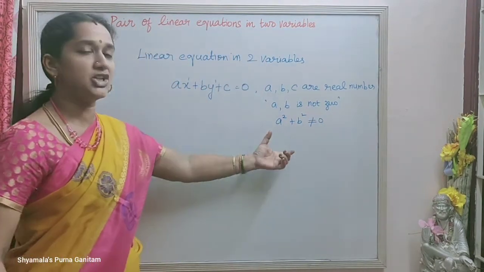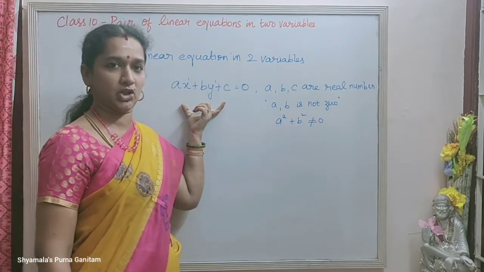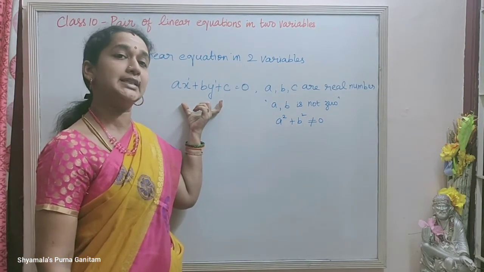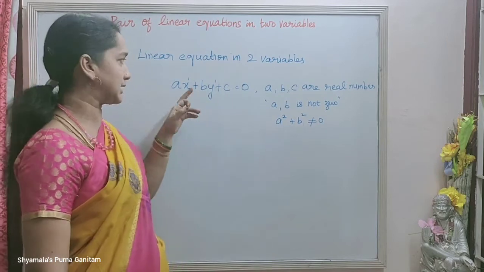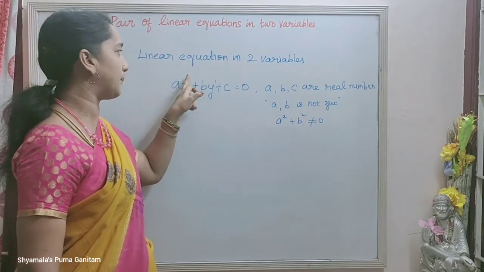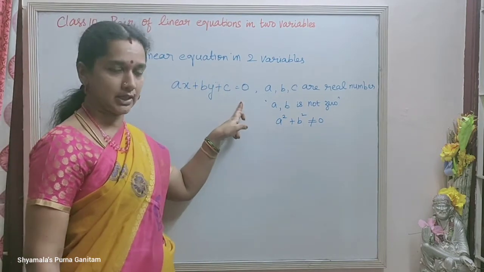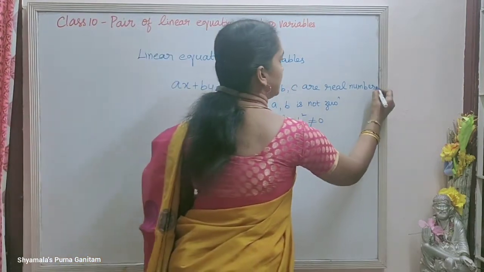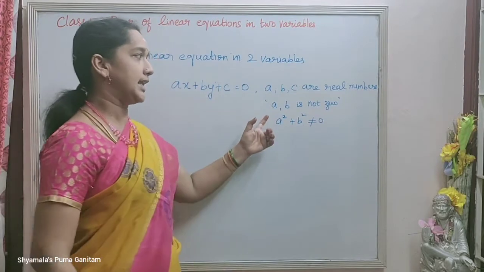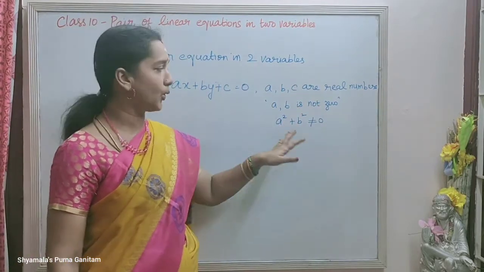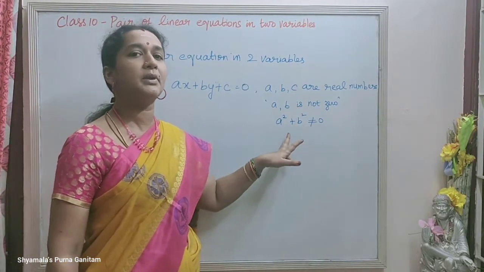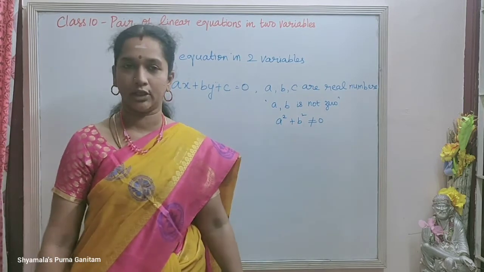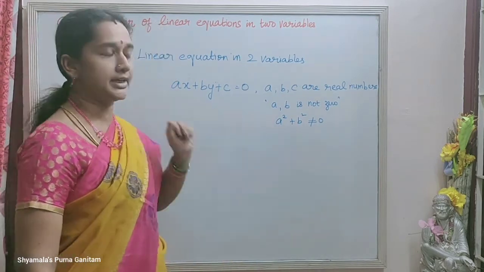So this is the condition we will give for this linear equation in two variables, ax plus by plus c is equal to 0, where a, b, c are real numbers and a squared plus b squared is not equal to 0.